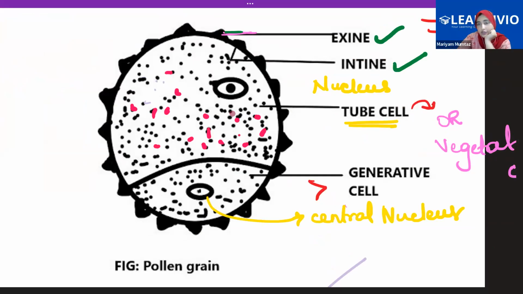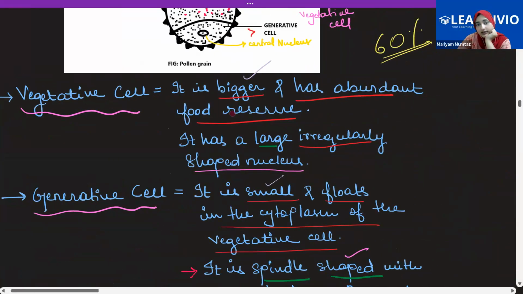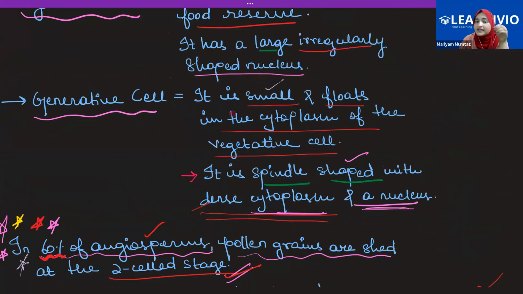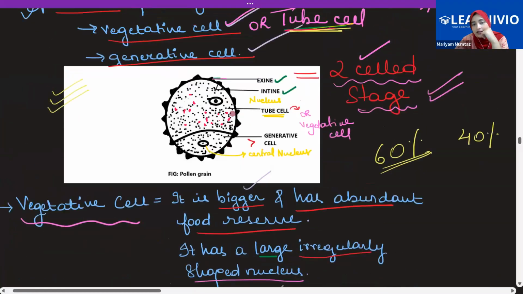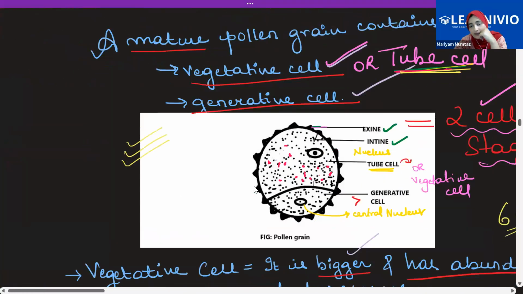So that is your tube cell. Whereas the generative cell is small and floats in the cytoplasm of the vegetative cell. The nucleus is spindle shaped, and there is dense cytoplasm. Clear? And this particular cell itself is a spindle shaped cell.